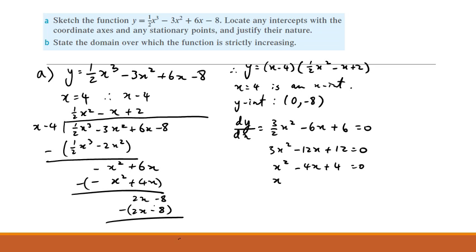That's a perfect square, so then we have x plus 2 squared equals 0, so x is equal to -2. Put this into our function, then we'll get y equals -8/2 minus 12 minus 6 minus 8, so that's -4 minus 12 minus 6 minus 8, which is -30.